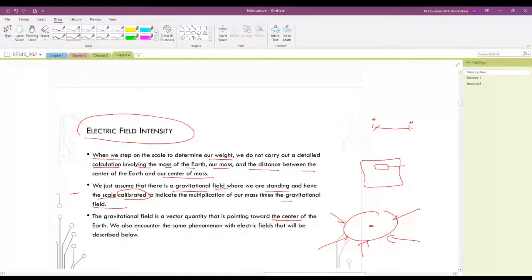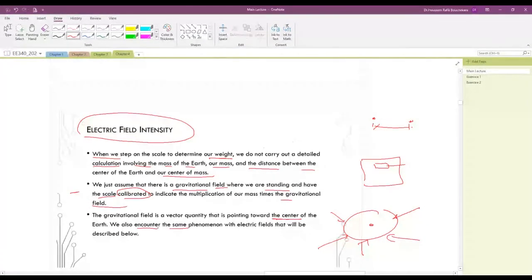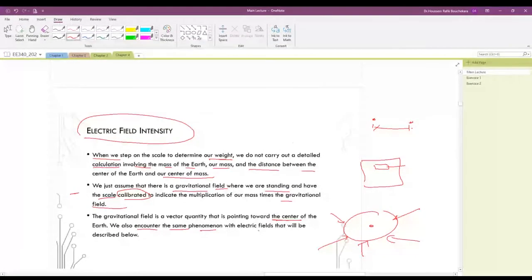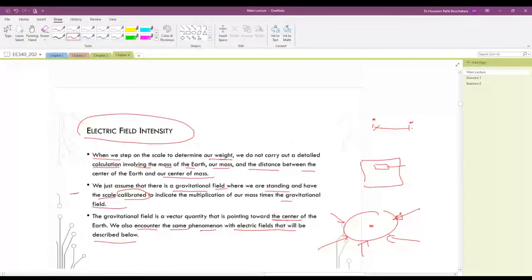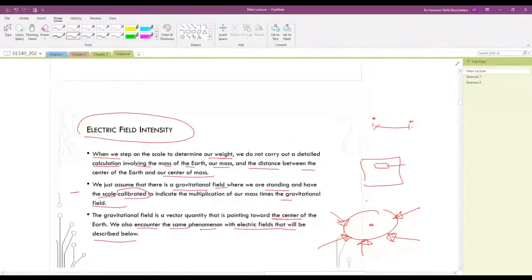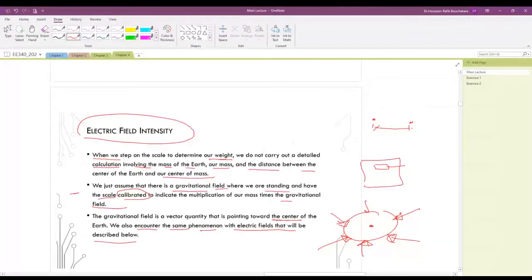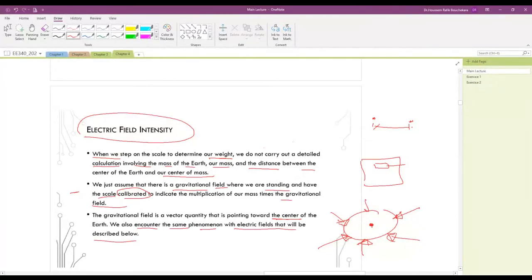We also encounter the same phenomena with electric field that will be described now. حقل الجاذبية كله متجه نحو the center of the earth.